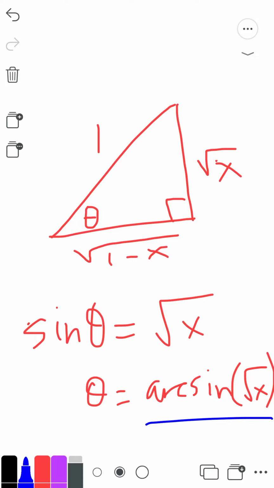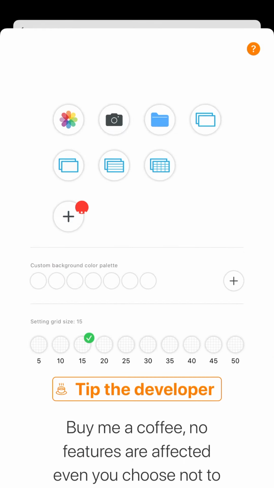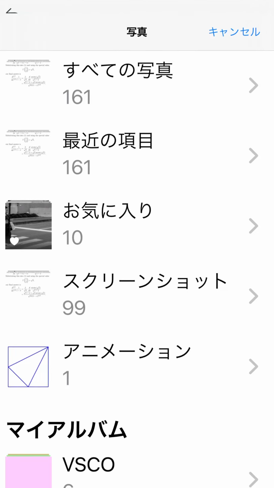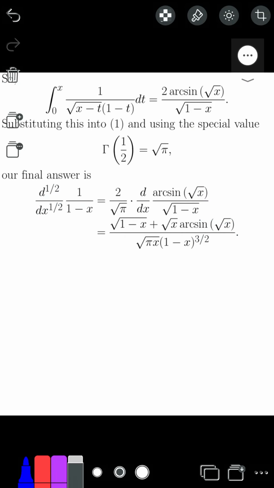So anyway, I'm going to go to a new white background and go to the next slide of the solution. Alright, so yep, this is the result for the integral. I'm going to get back to red because I like red better for some reason. Anyway, oh, that was bad.